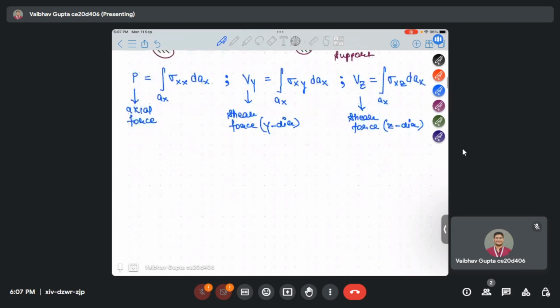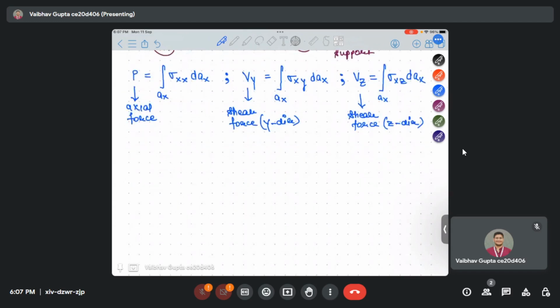Then we have studied bending moment and torsional moment. So torsional moment T is given as the area integral of sigma xz into y minus sigma xy into z over dAx. This is the torsional moment.